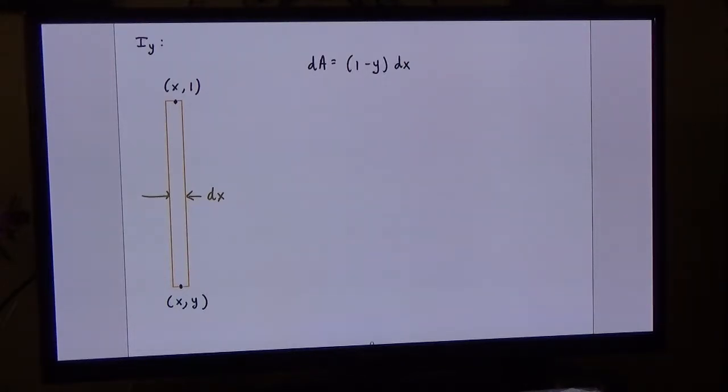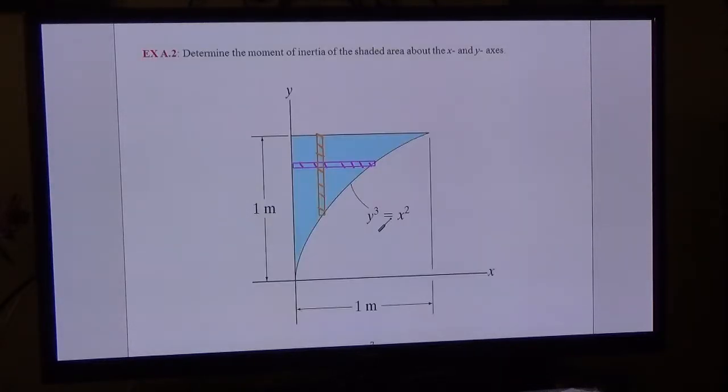So plugging this into my integral equation for I about y, I about y is equal to integral x squared dA. By definition, plug in dA, and I have x squared times 1 minus y dx. For the vertical element, I'm integrating with respect to x, so everything needs to be a function of x. Here I need to replace y with its function in terms of x.